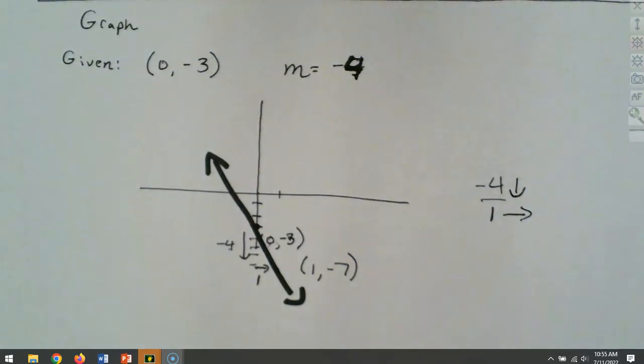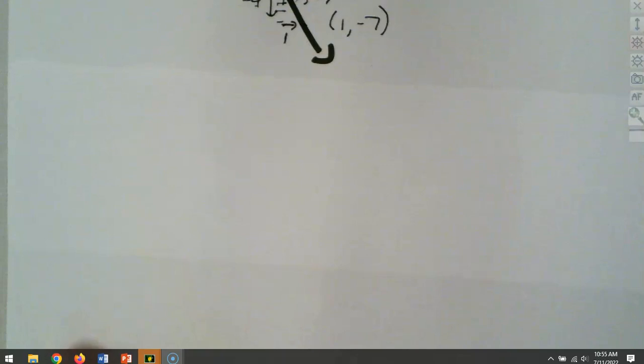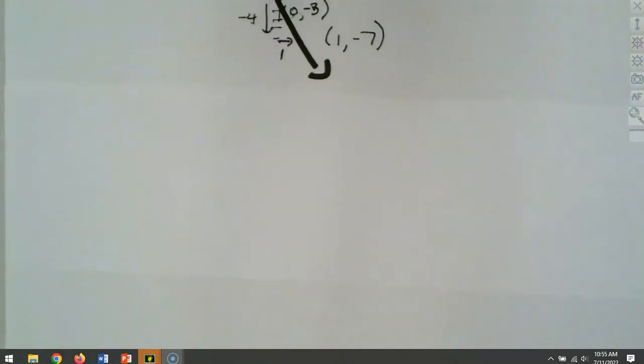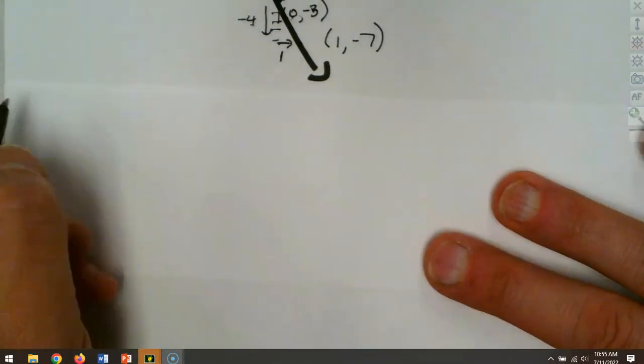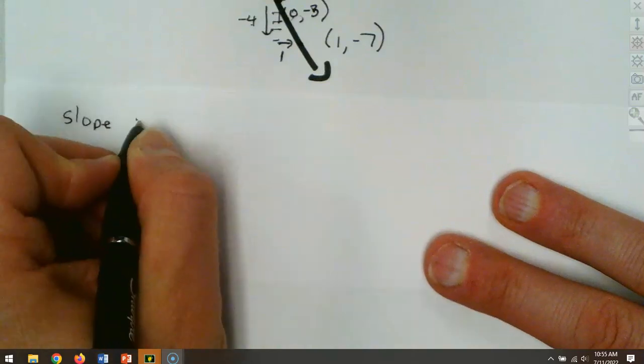Now let's talk about how to graph a line from an equation. And I know you've done this many, many times. We have what's called the slope-intercept form.